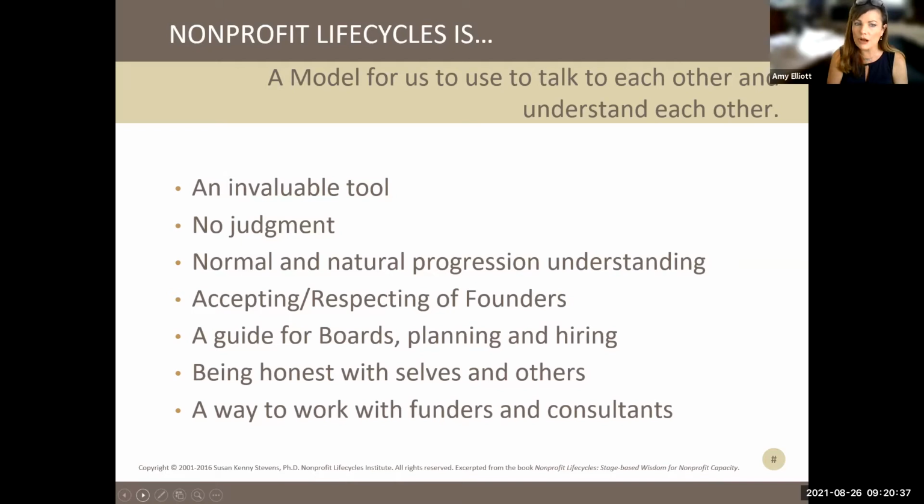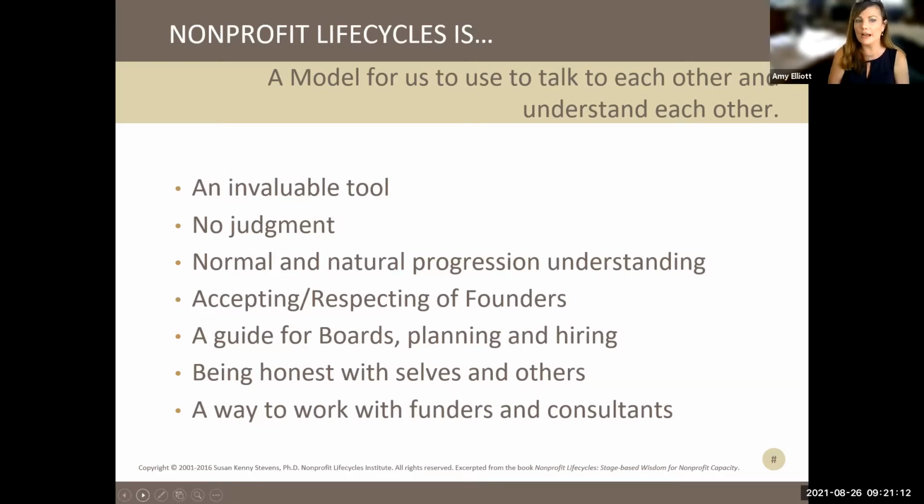And whether that's true or not, we need to have a healthy respect for the founders of nonprofit organizations. They are a special group of people. And we've built into this model a healthy acceptance and respecting of those founders, and some tools for assessing where the founder is in their understanding of the organization and what they need to leave a legacy in a way that lets the organization thrive and grow with or without them.